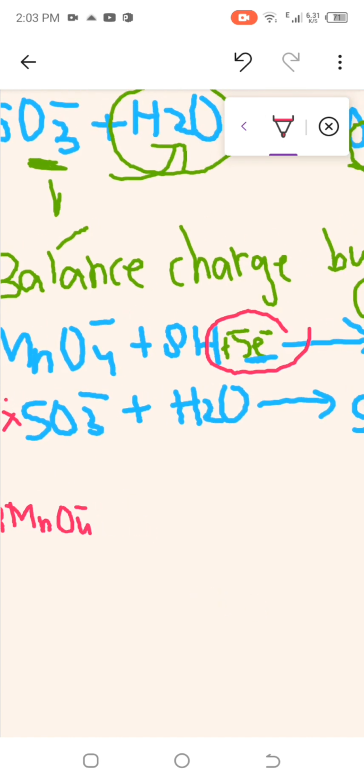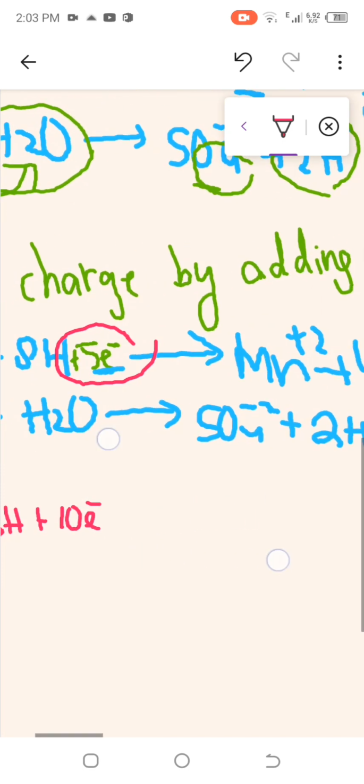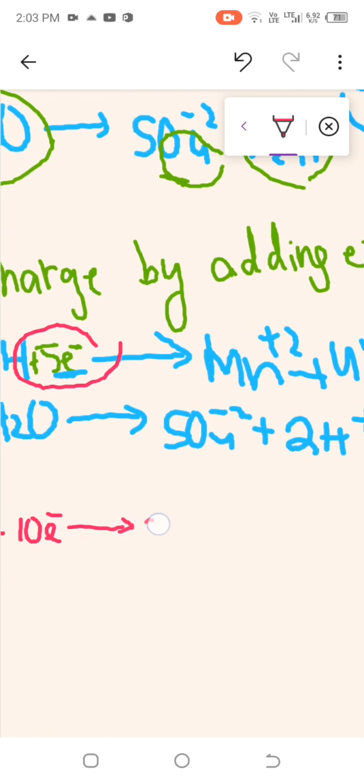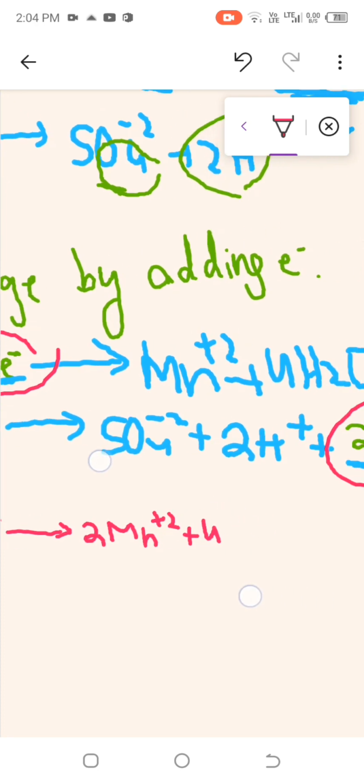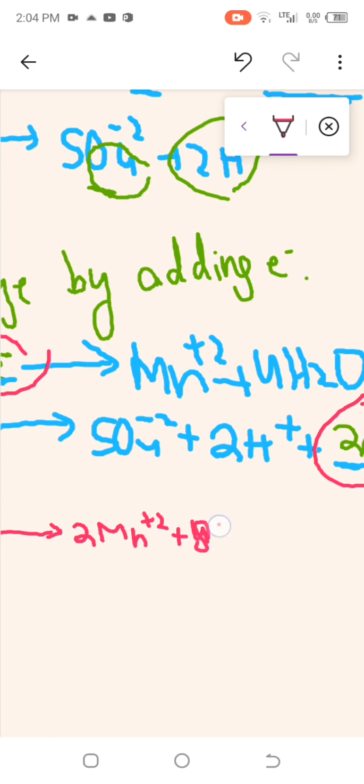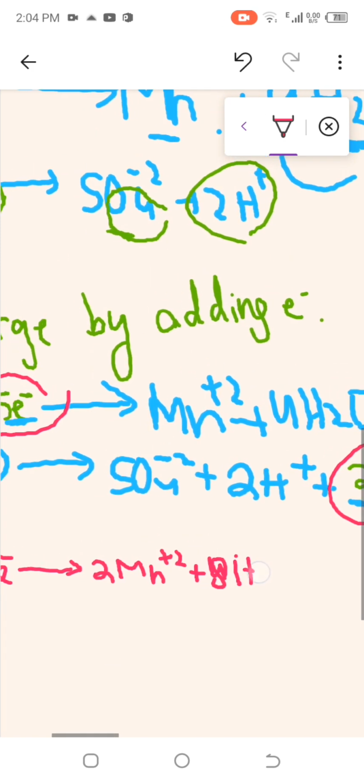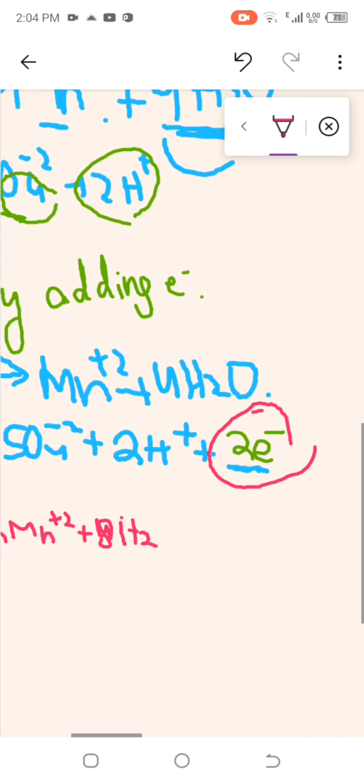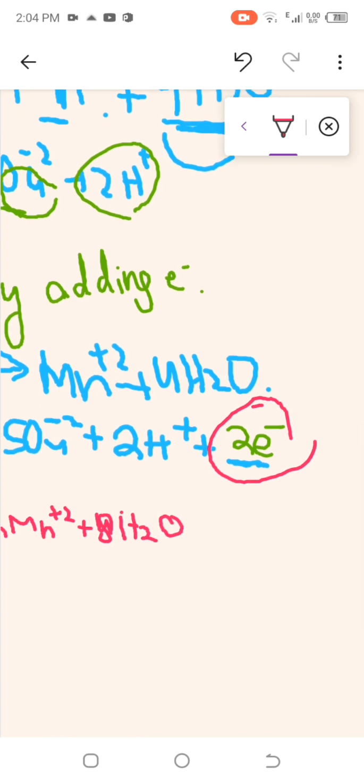Now multiply this 2 with the whole term, so it will be 2MnO4 minus plus 8 2s are 16 hydrogen plus plus 10 electrons, then 2Mn2 plus plus 8H2O. ठीक है.